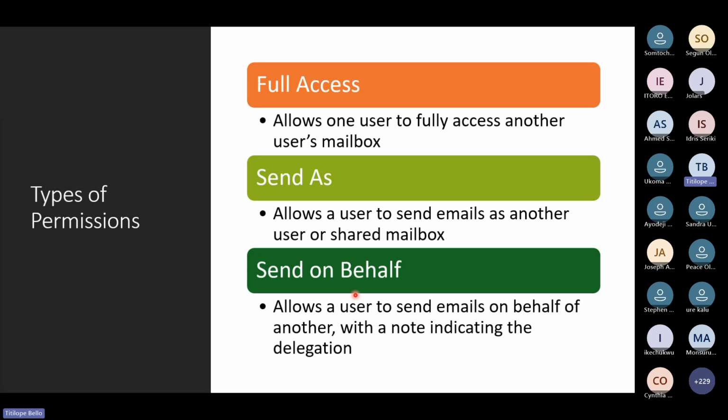Now, this third one, which is send on behalf, allows users to send email on behalf of another user with a note indicating the delegation. What do we mean by this statement? When you are given send on behalf permission on another person's mailbox, and you send the email out, I will see the email as coming from you, not the other person.